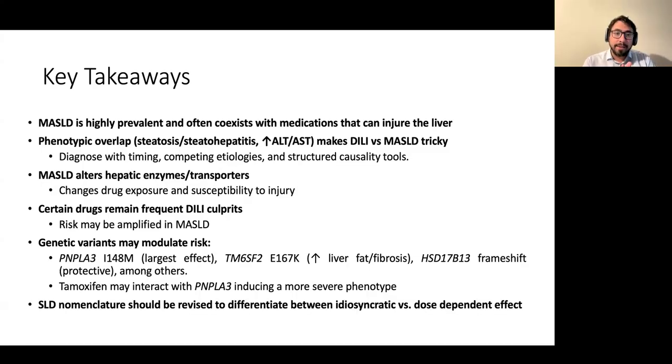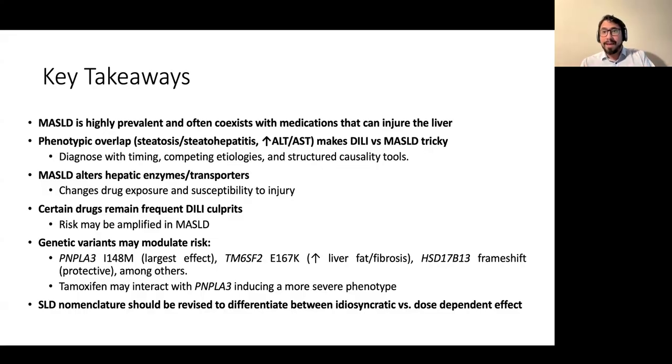And finally, I think we need to work on improving the borders between MASLD, DILI, and other subtypes, because there are multiple overlaps between these steatotic liver disease subtypes, but also because we can identify different mechanisms.